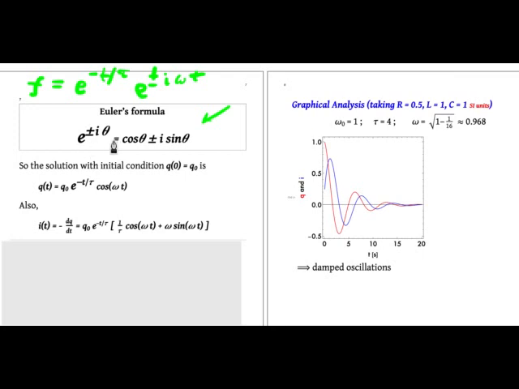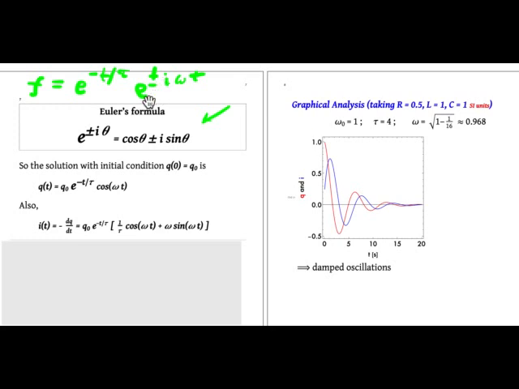A complex exponential is equivalent to a combination of trigonometric functions. So I could replace this e to the plus or minus I omega t by cosine omega t, or by sine omega t, or by some linear combination of cosine omega t plus sine omega t.